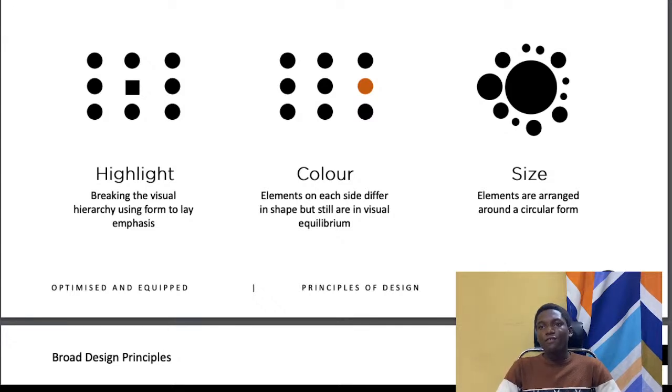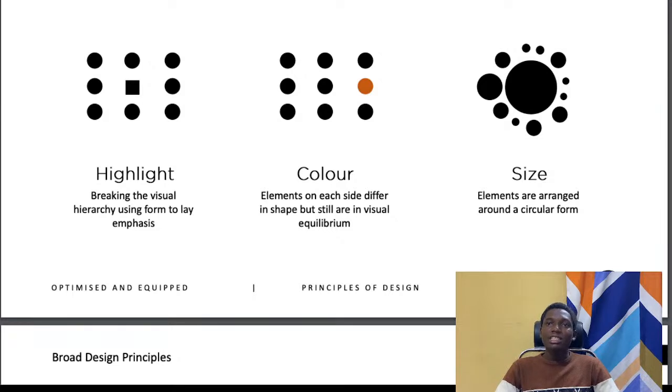And we have the highlights, breaking the visual hierarchy using form to lay emphasis. So now we have every other text, or maybe every other shape as a square, as I use the ministry or the church flyer as an example.